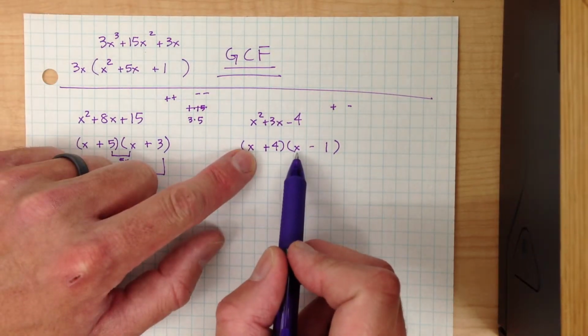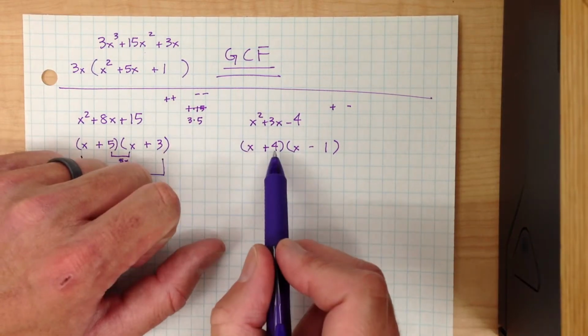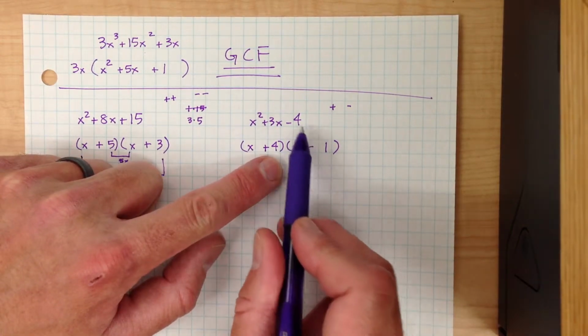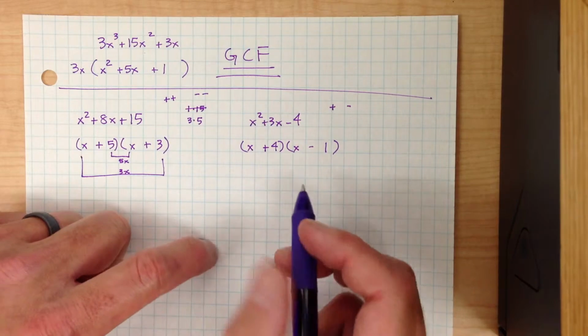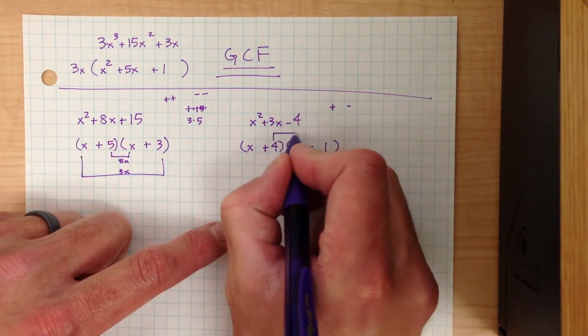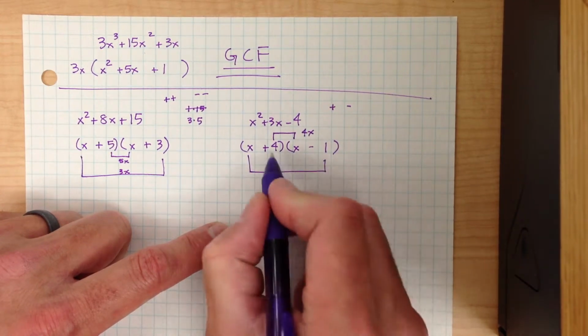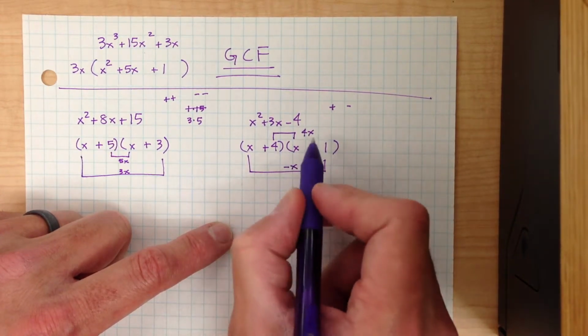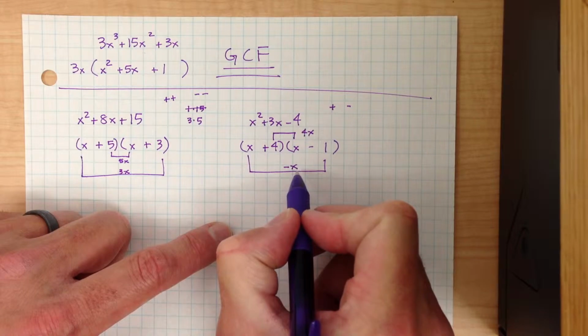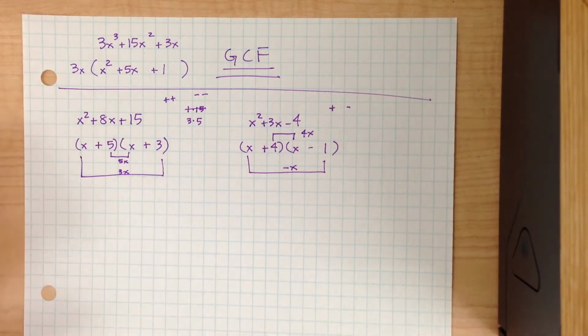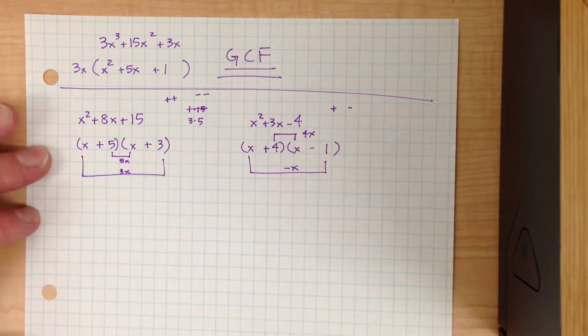The first term times the first term is x squared. The last term, 4 times negative 1, is indeed that last term. Then we will check the inside. When you multiply those, you get 4x, and the outside, when you multiply those, you get negative x. If you combine 4x and negative x, you indeed get 3x, and you know that your factoring is correct.